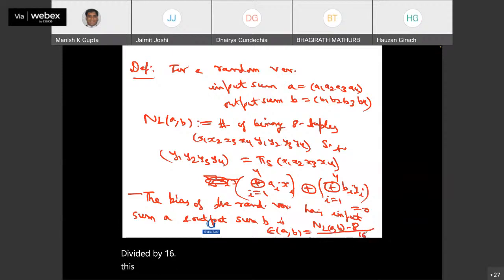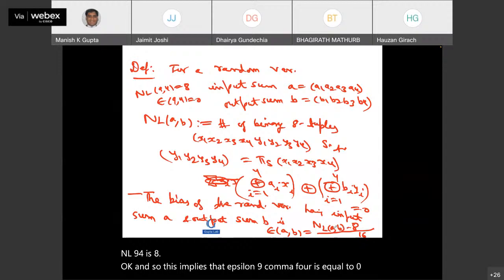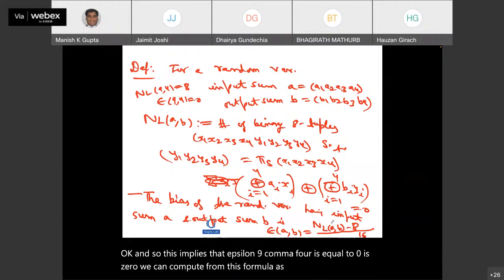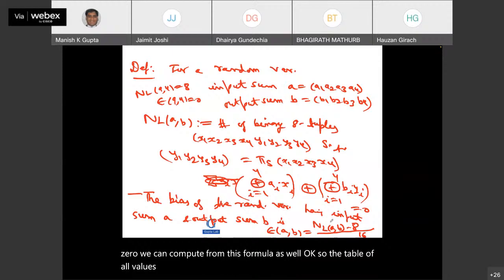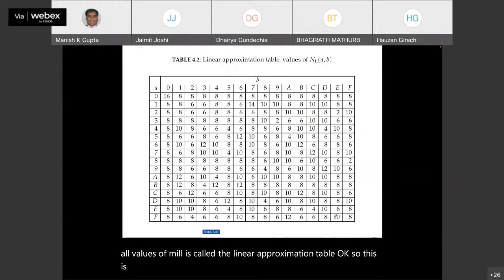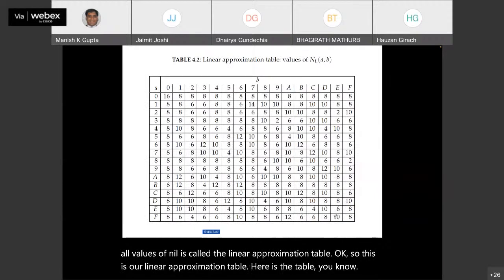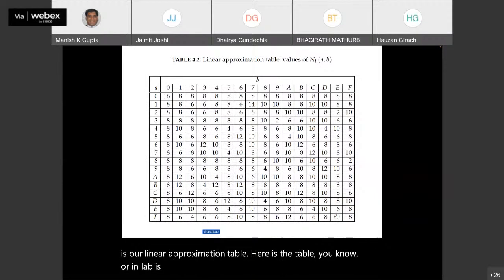This is a general formula, and we are going to use it later on. For our example, NL(9, 4) is 8 from our previous example. So this implies that epsilon(9, 4) is equal to 0. The bias is 0. We can compute it from this formula as well. The table of all values of NL is called the linear approximation table. Here is the table, where NL(a, b) is mentioned for a and b.